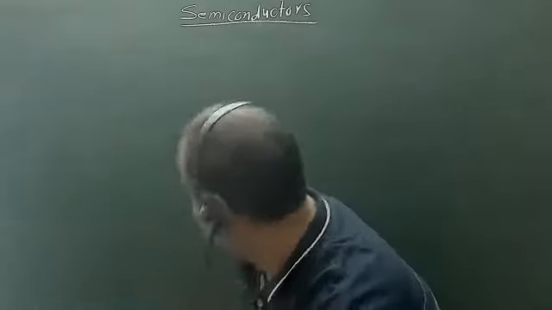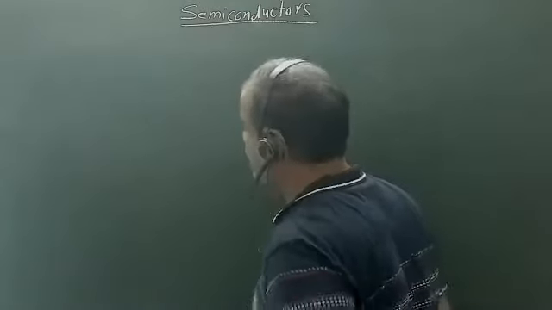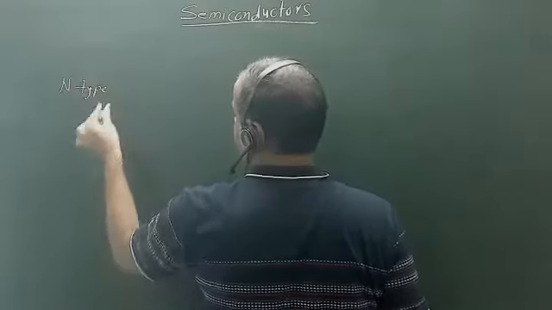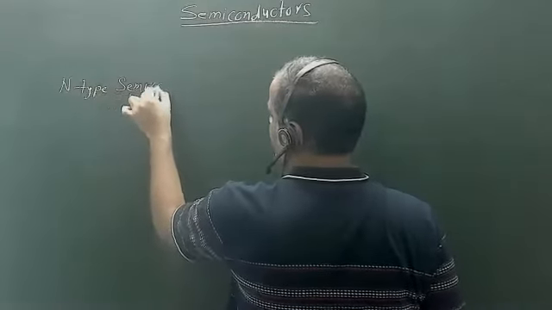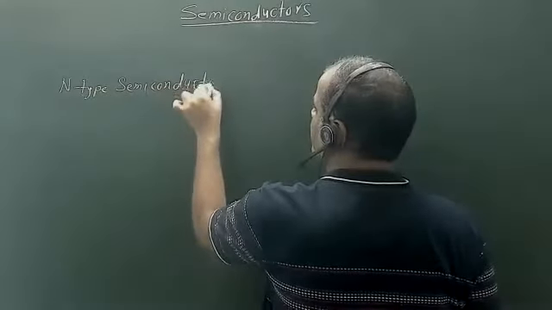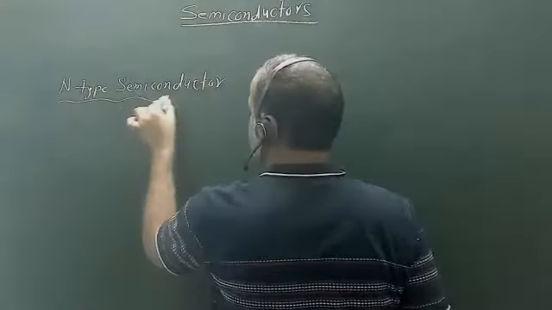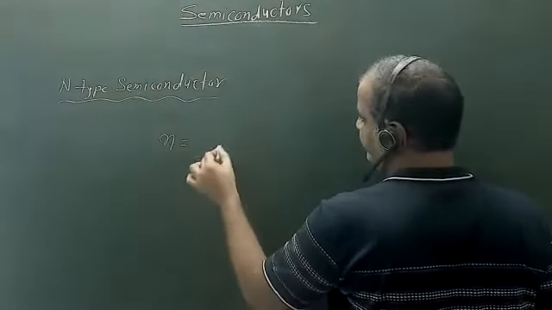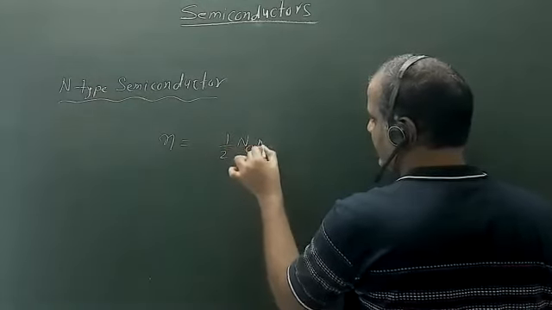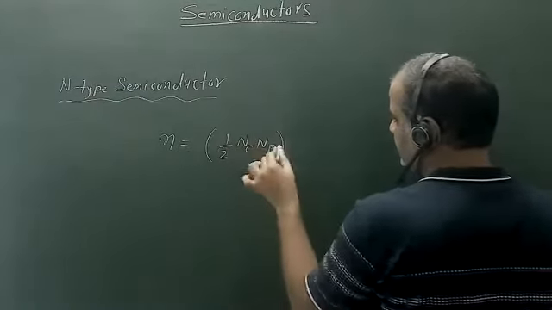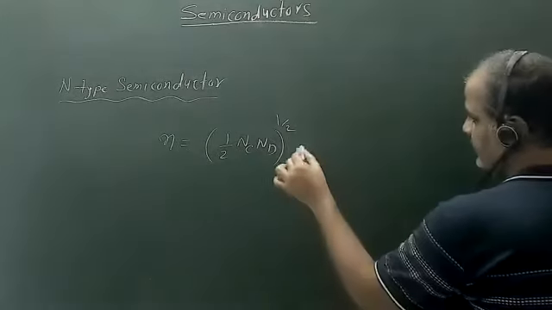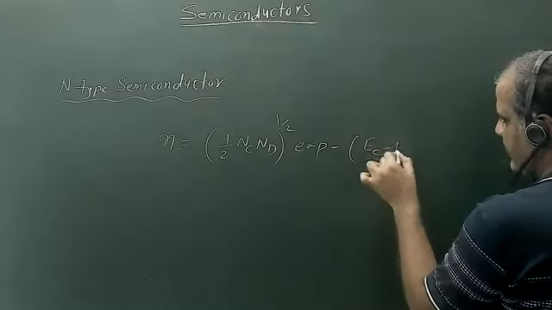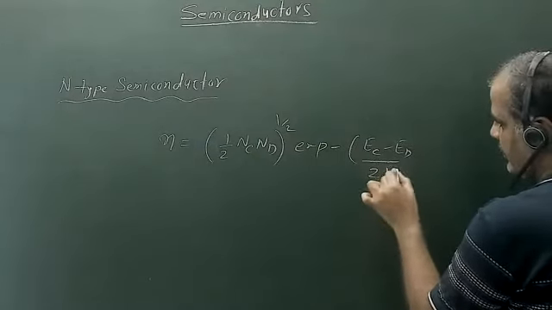Okay, so yesterday we have seen that for an n-type semiconductor, the carrier concentration at low temperature is given by n = ½ √(Nc Nd) exp(−(Ec − Ed)/2kT).